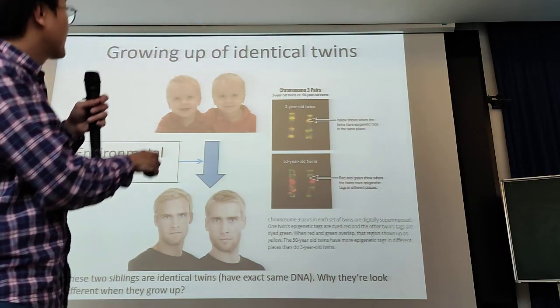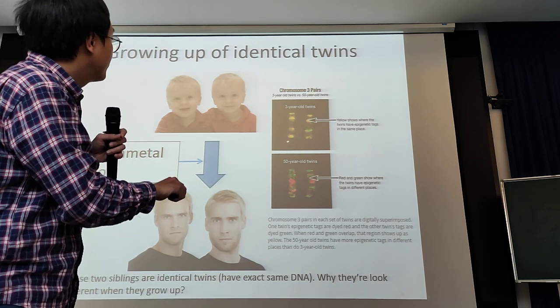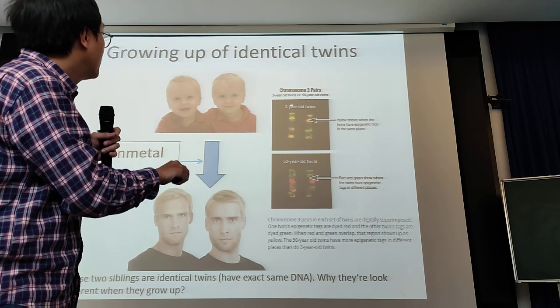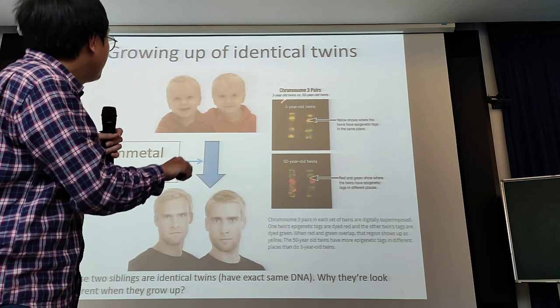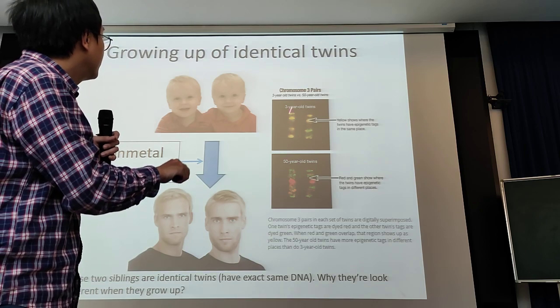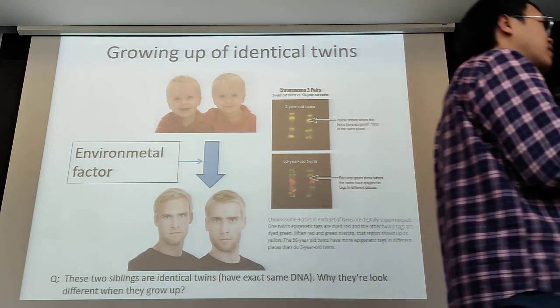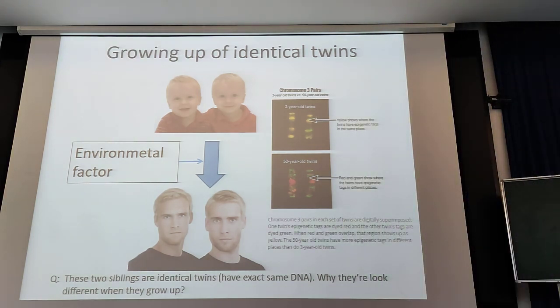When they match the chromosomes of the two twins, if the epigenetic mark is the same between the two twins, we'll see the yellow color, which is the combination of the red signal of site 5 and the green signal of site 3.